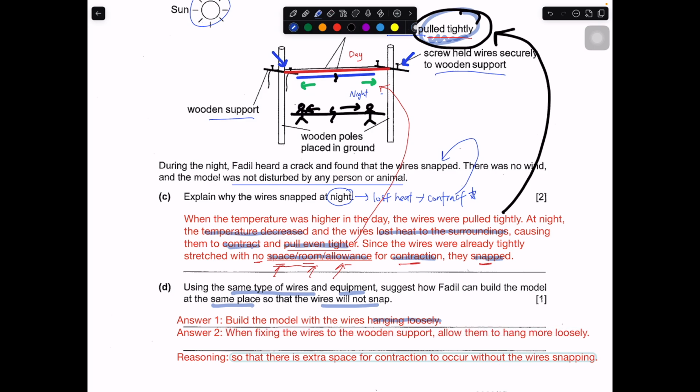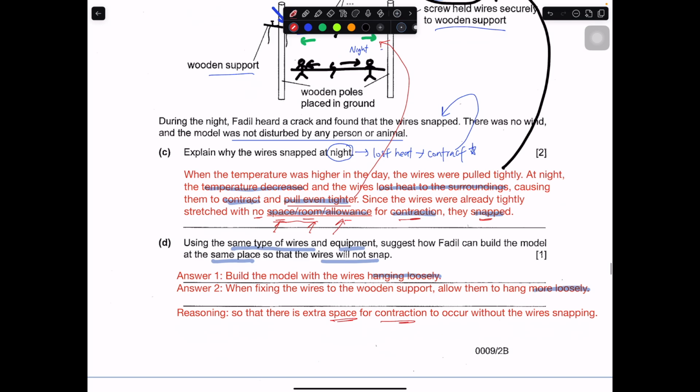Or you can say when fixing the wire to the wooden support, allow them to hang more loosely. So in this case, it should look something like this. The reason is so that there's extra space for contraction to occur without the wire snapping. So in the actual case, let me show it to you. If I were to draw them, this is the wooden support. That means you put the wire this way.